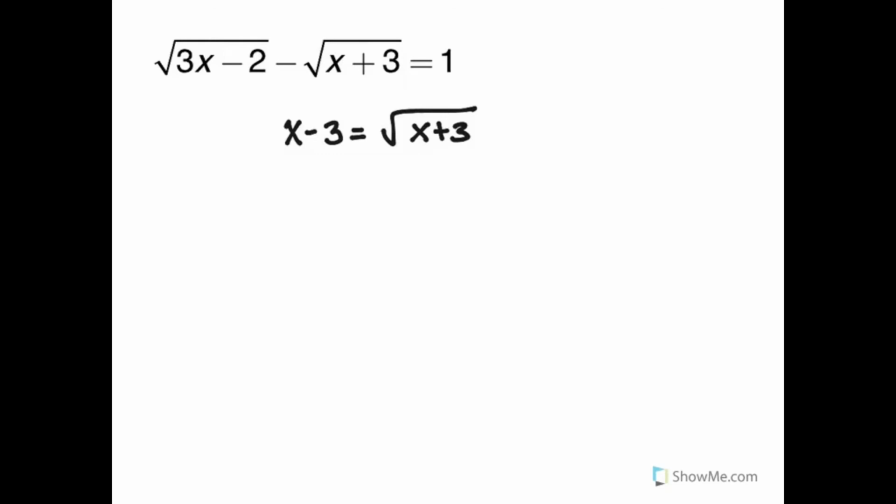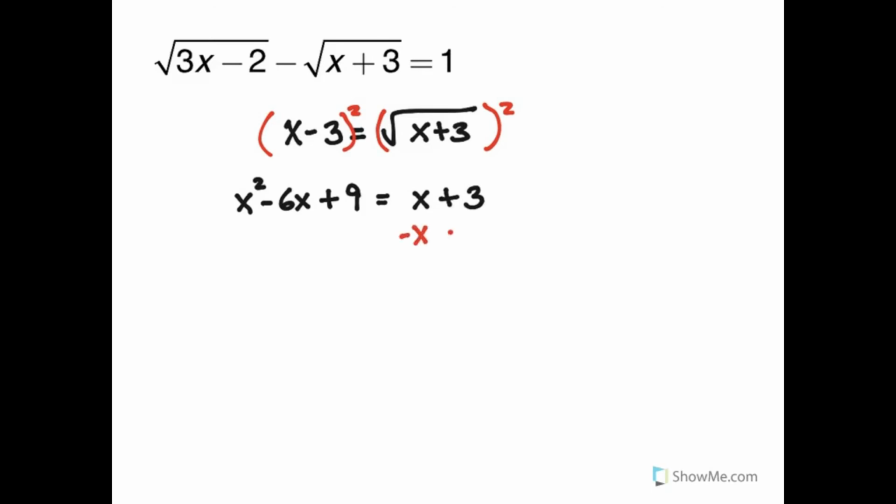So we've got to this point, x minus 3 equals the square root of x plus 3. And we'll just have to square both sides again because there's still a square root. X minus 3 squared is x squared minus 6x plus 9. And the square root of x plus 3 squared is just x plus 3.